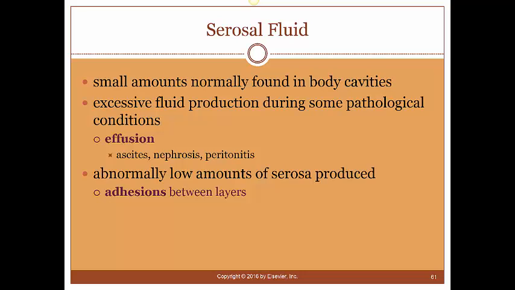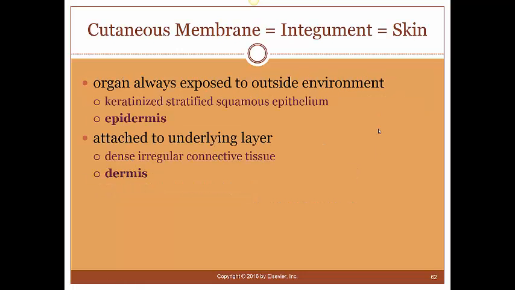We can also get it around the chest, and we'll see that with pleuritis or pleurisy, or around the heart called pericarditis. Once again, if we don't have enough fluid, then we actually get adhesions, and that's an extremely painful condition to have happen.